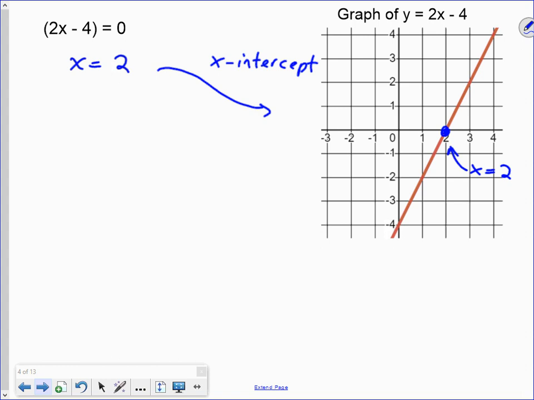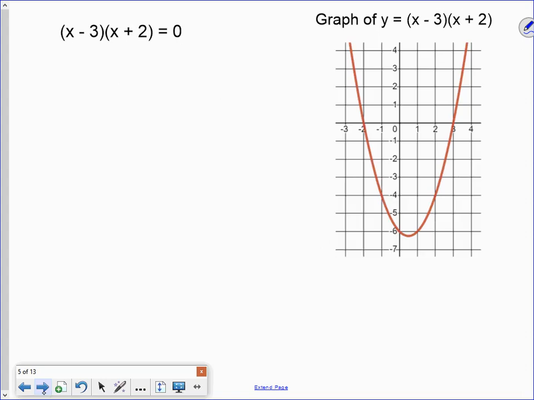We see the same relationship when we look at quadratic equations. So we solved this quadratic equation just on the previous page. Our solutions were x equals positive 3 and x equals negative 2.